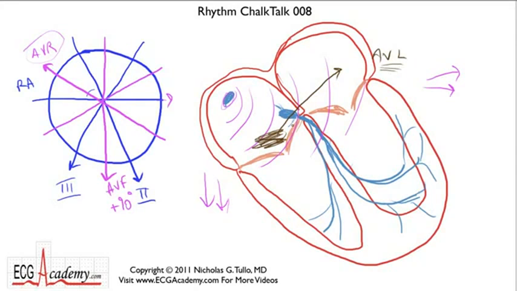The P wave was positive in AVL, but it's also positive in AVR. So it's traveling in those two directions, and of course it's going away from 2, 3 and AVF. It's arising from the low right atrium and traveling towards the head. So that tells us that's an ectopic focus somewhere in the low right atrium that takes over the rhythm.